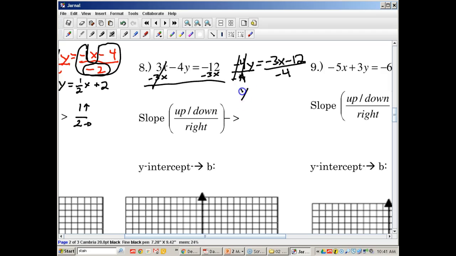If you're writing too small, it's when those negatives disappear. So we have -3 over -4. So that's 3 over 4 when you simplify, x. And -12 divided by -4, we have +3. So I'm going to go up 3, right 4, starting at 3.